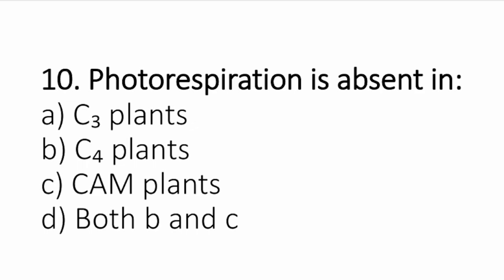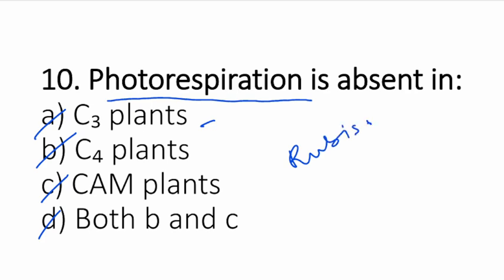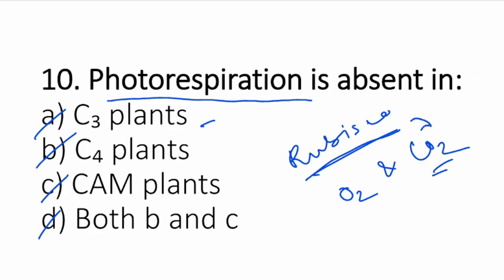Question number 10 says, photorespiration is absent in which of the following? C3, C4, CAM or both B and C. So photorespiration is basically when rubisco has affinity for both oxygen and carbon dioxide. Rubisco is primarily designed to fix carbon dioxide.